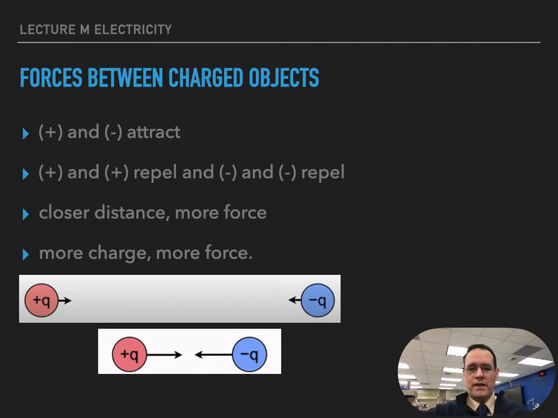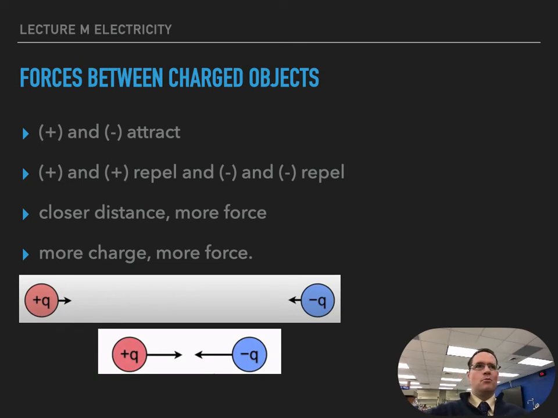What's the fourth point here? The fourth point here is that if the value of the charge is greater, then the force will be greater, okay? Let's go back to the analogy of opposites attracting. I've gone to the mall and seen some people that kind of look a little different. Oh, okay, they make a good couple. And then I see a couple that's just 100% opposite of the other person. They're just so different, but their relationship is so strong and close, and they're just such a great couple.